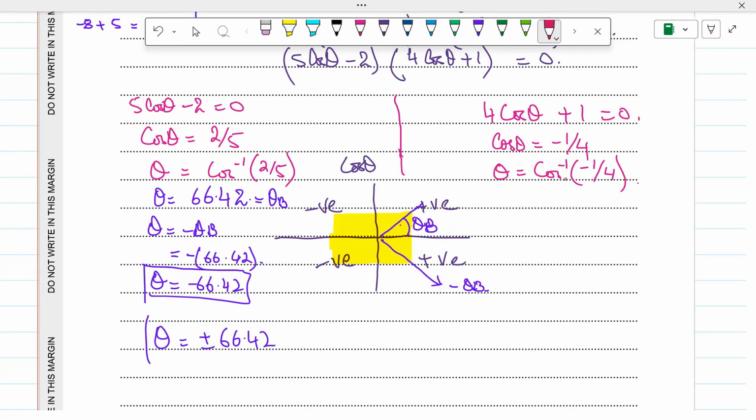In this case, theta is equal to cos inverse of negative 1 over 4. It's a negative value, and we will have the angle in the second and third quadrants. First we find the base angle.